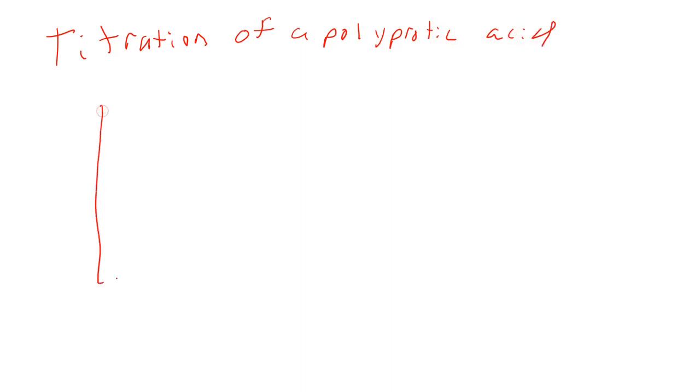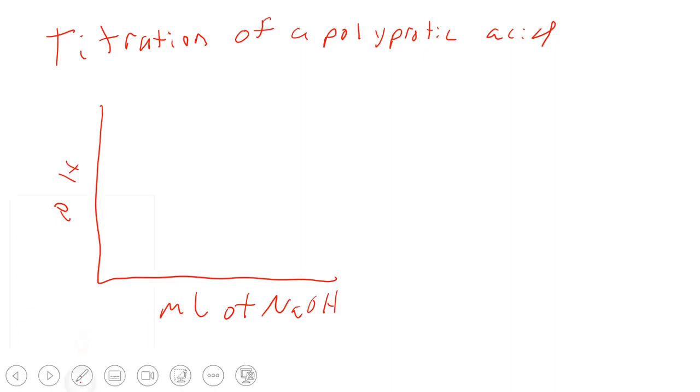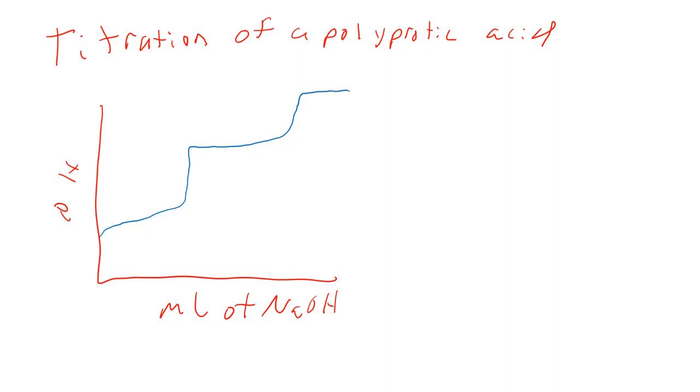You're going to have your graph, and you're going to have the pH and your milliliters of sodium hydroxide. And when you make this graph in Excel, you will need to label your axes. You're going to notice for this that you're actually going to have two points where it kind of levels off and then goes back up.